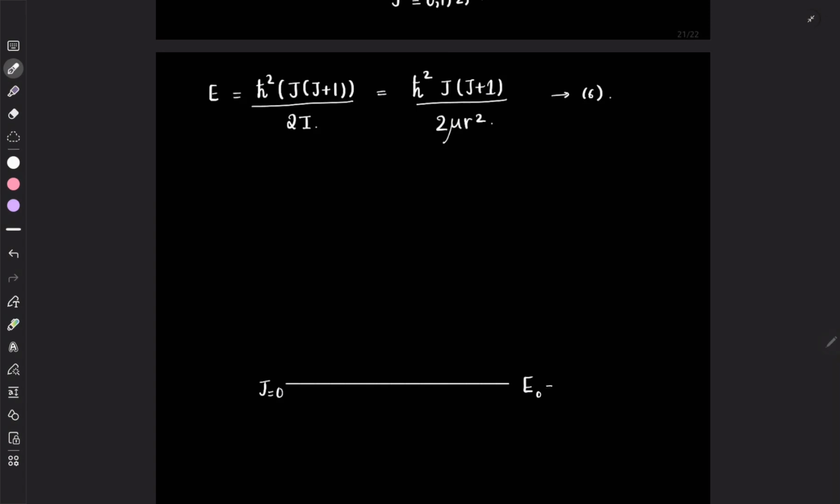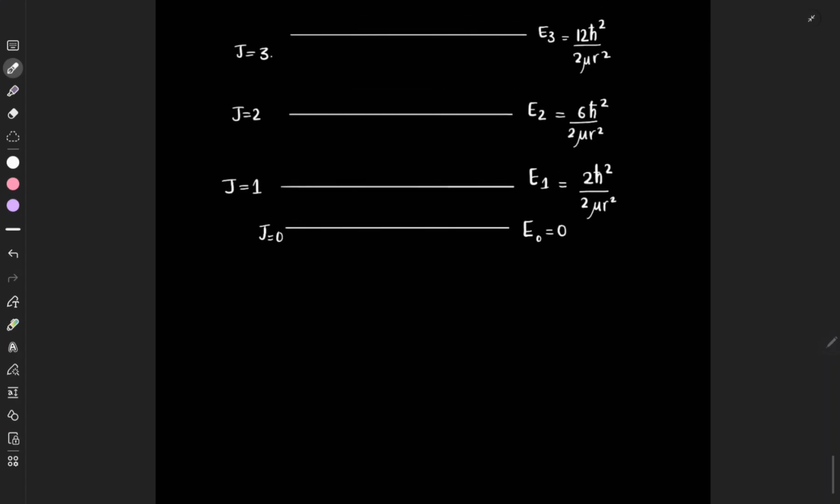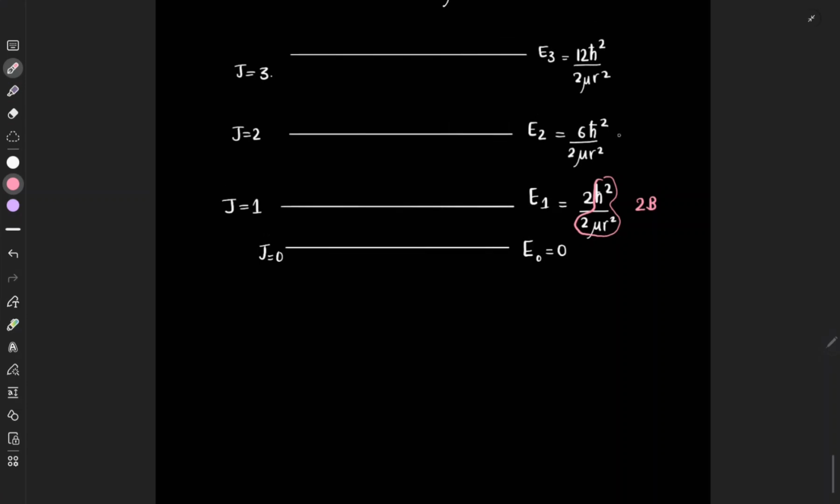For j is equal to 1, E1 is equal to 2h cross square by 2 mu r square. So this is how the energy level looks. We take this term as B, and so we can write it as 2B, this is 6B, this is 12B.